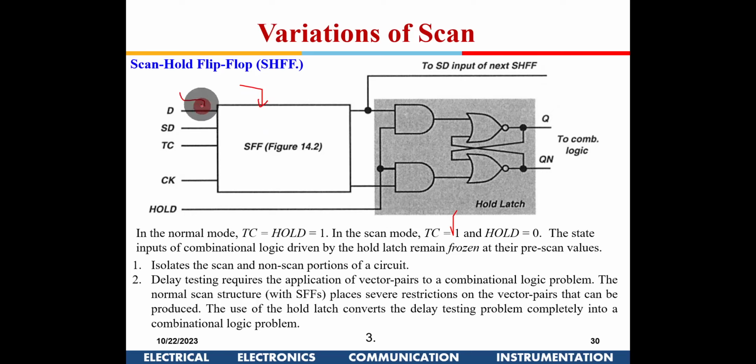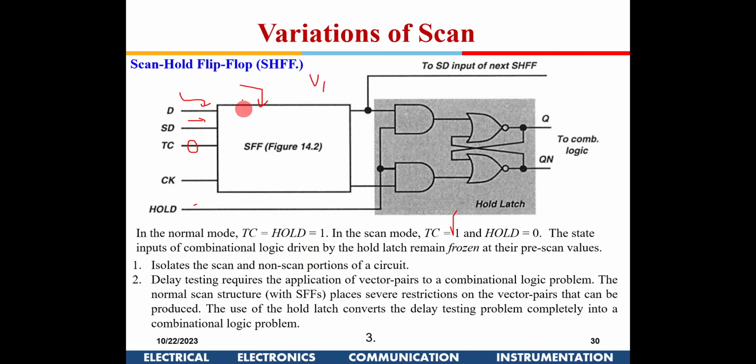If there are n flip-flops, for all the flip-flops we will put the TC to 0, and TC 0 means active low, so the scan data will be put, so all the flip-flops will be loaded with the test vector 1. Okay, vector 1 is the set of values for all the flip-flops.